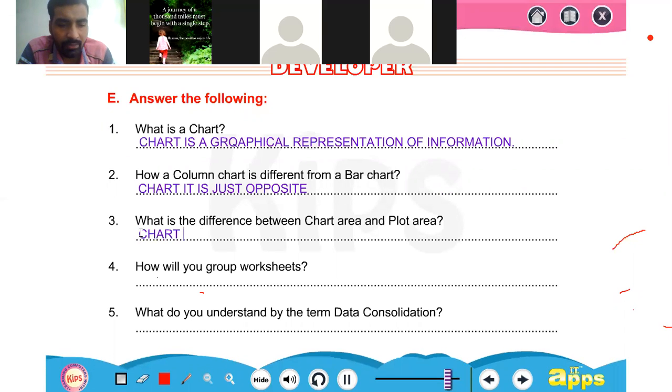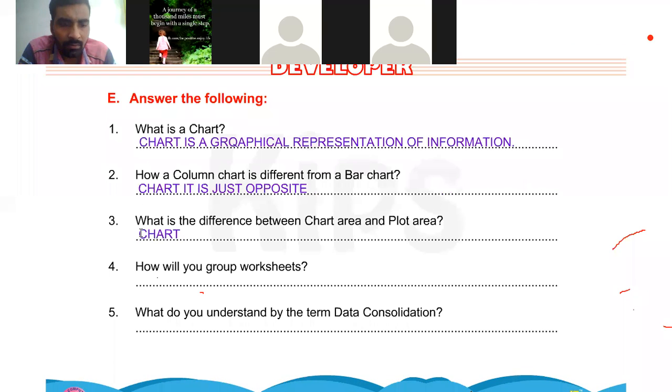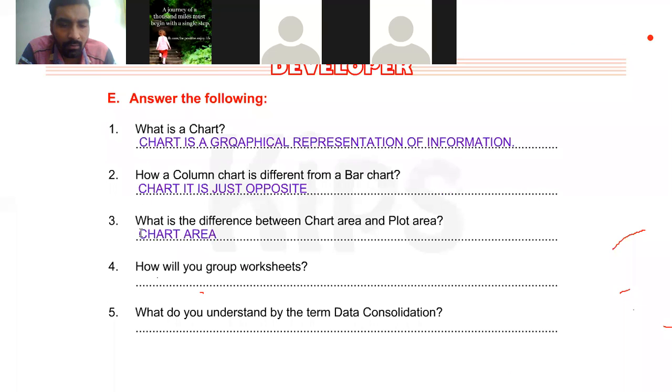Chart area includes entire area of a chart having title, category axis, and value axis.